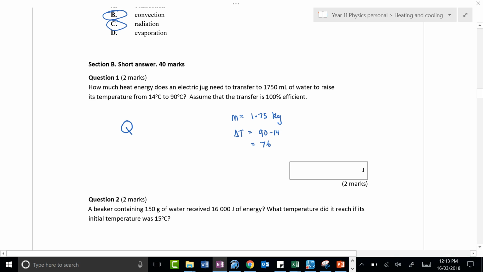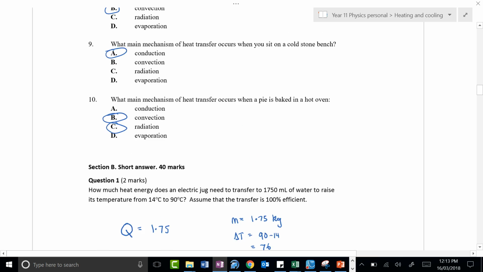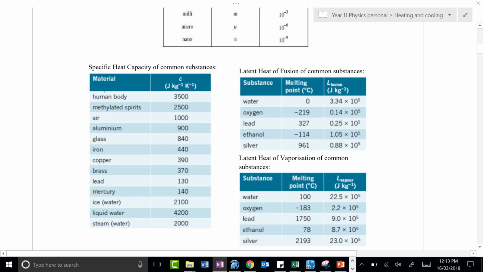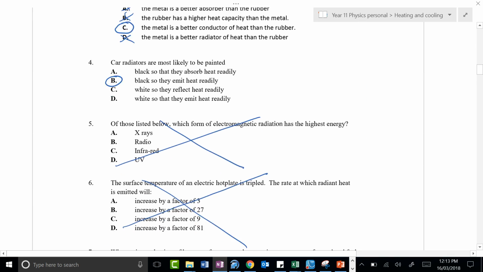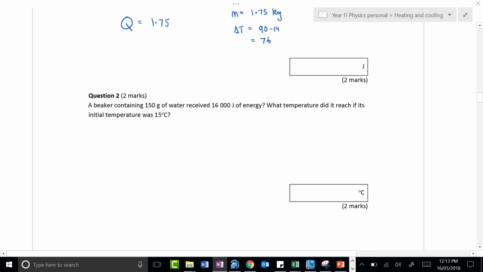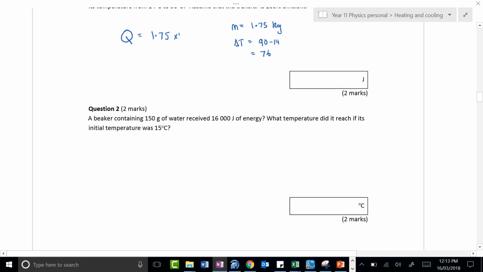We're looking at water, so we've got to use the heat capacity of water in joules per kilogram, which is 4,200, is it? Liquid water, 4,200 it is, yes. So we're going to do that times 4,200 times 76. What that's going to give us is 558,600.